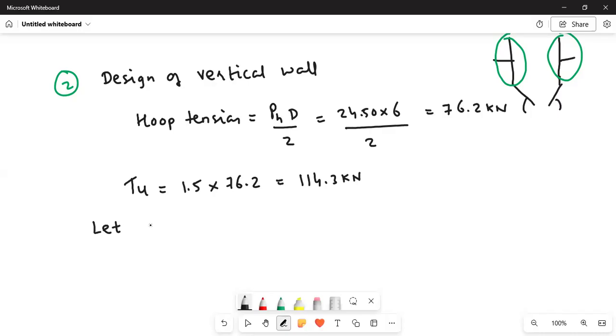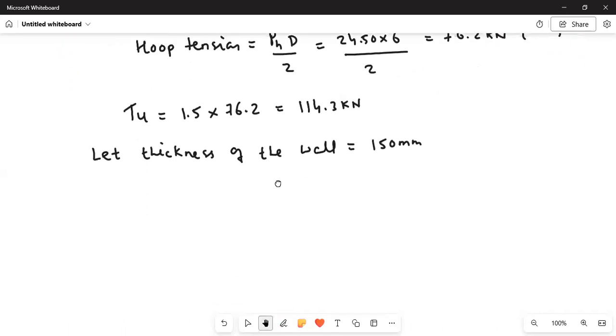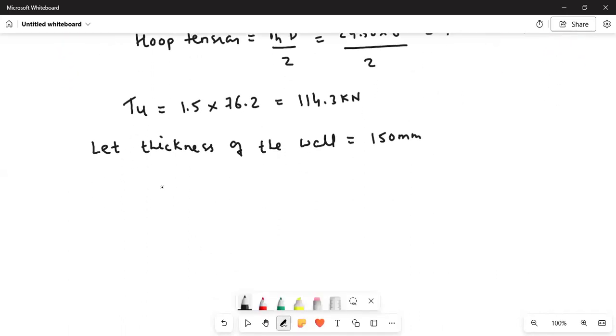Let thickness of the wall be equal to 150 mm. Okay, so once you have assumed the thickness, you can find the minimum reinforcement, Ast minimum. And the minimum reinforcement in case of silos also, it is just like a slab.